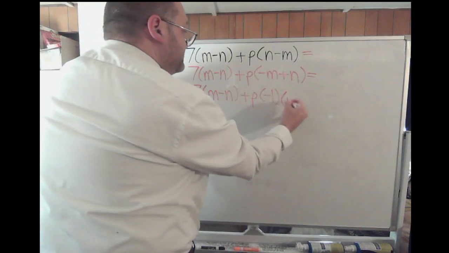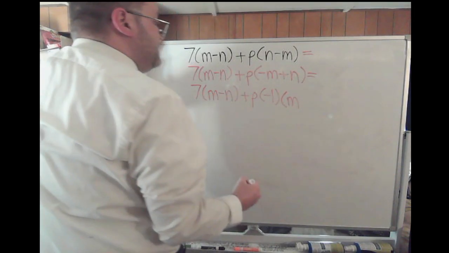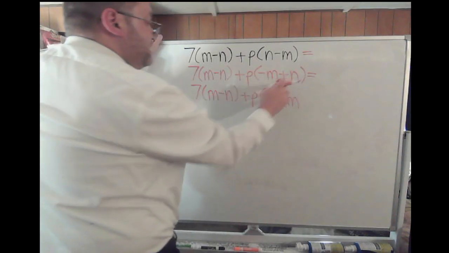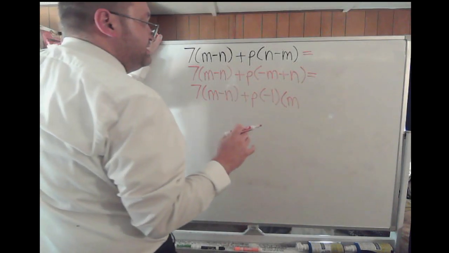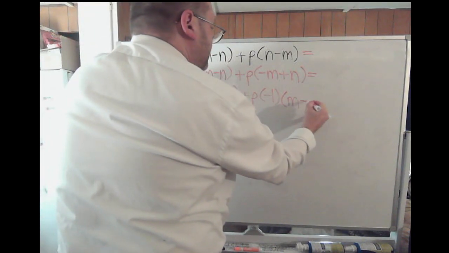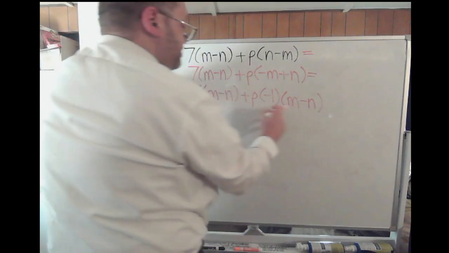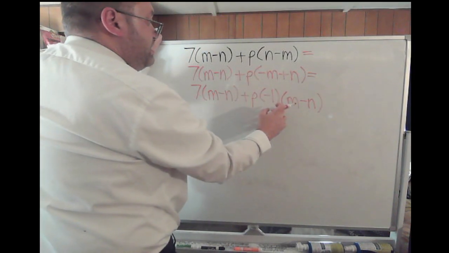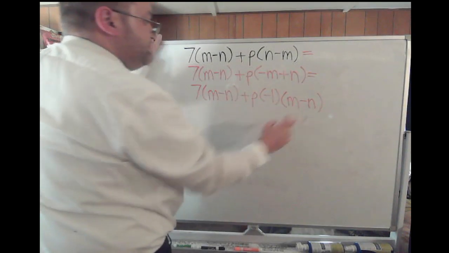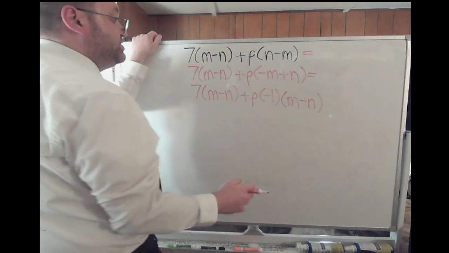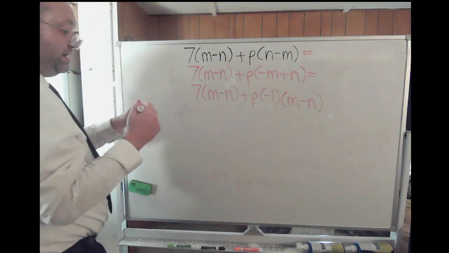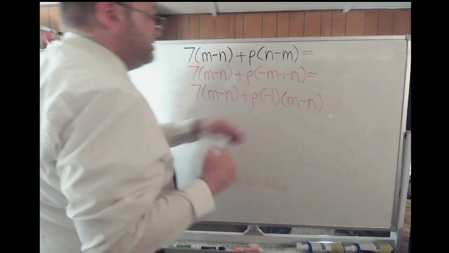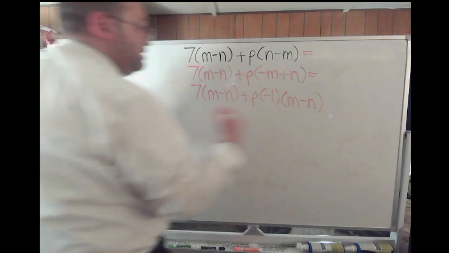Well, that'd be positive m. And then negative 1 times what equals positive n? Well, that'd be negative n. You distribute this, negative 1 times m is negative m, plus you have negative 1 times negative n, that gives you positive n. So now we have a common factor between the two terms by factoring out the negative 1.